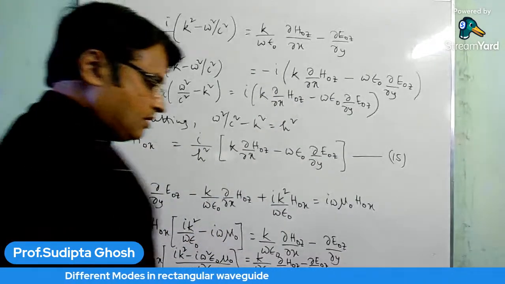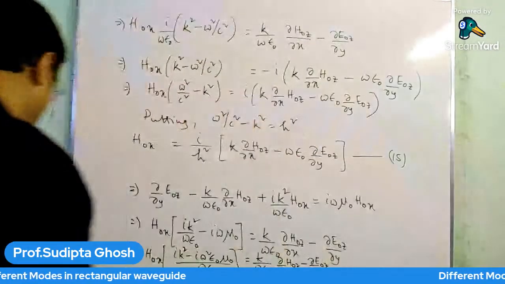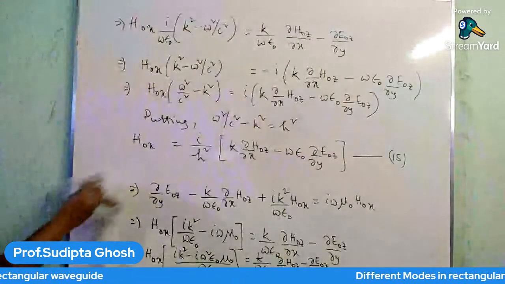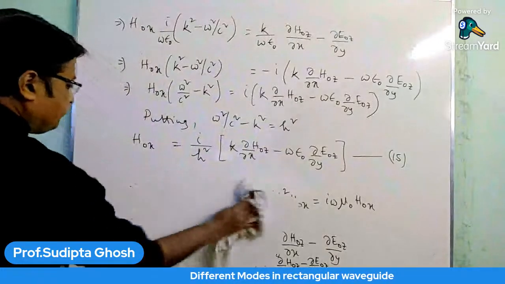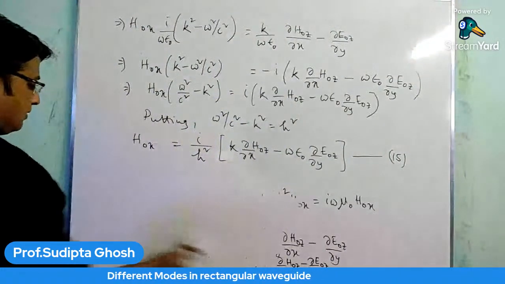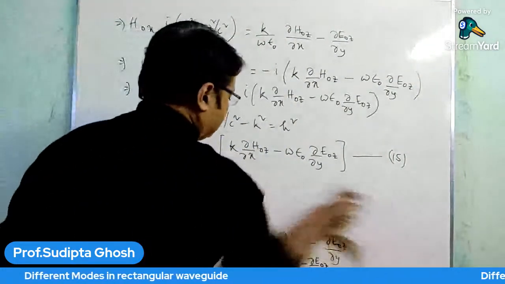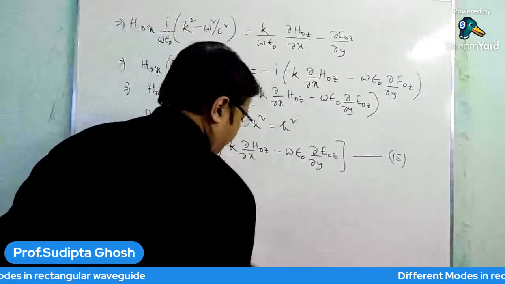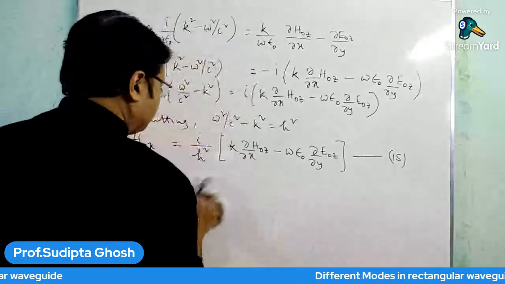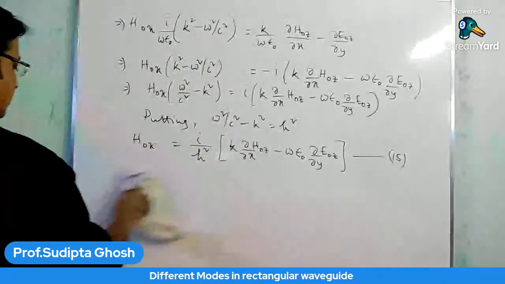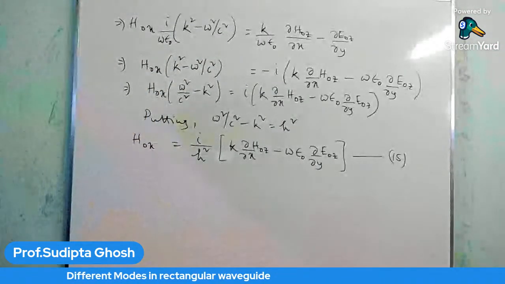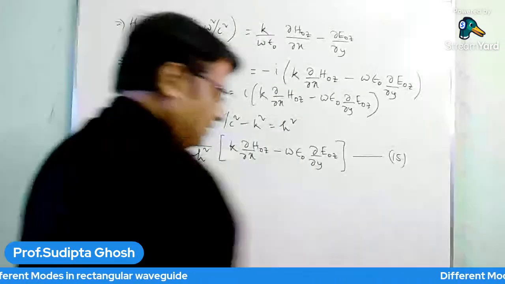For this you have to remember these values, and it may be a tough job to remember them, but it is easier to remember these values instead of deriving the other three.